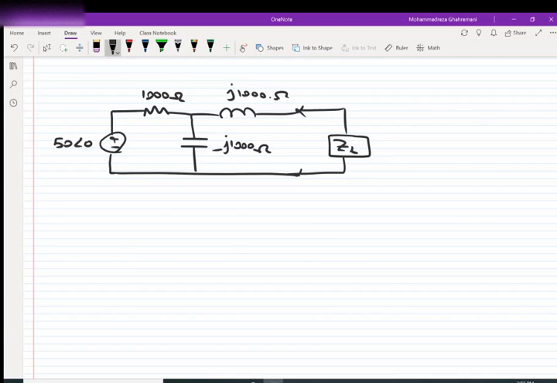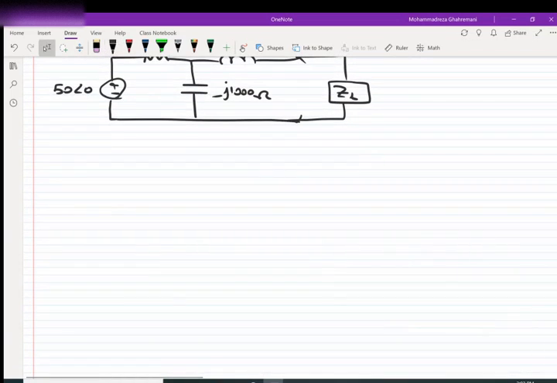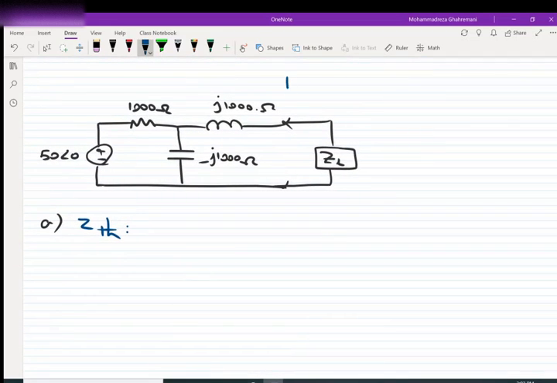The first thing we do is finding Z Thevenin. So part A, finding Z Thevenin, we need to turn off the voltage source and look at the circuit from the load. So from here, Z Thevenin.